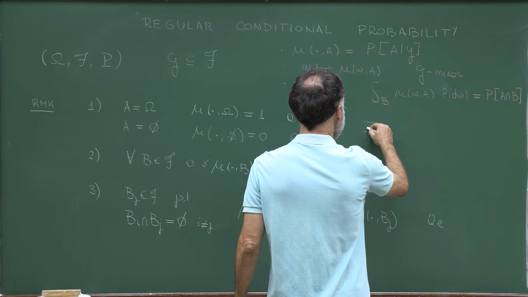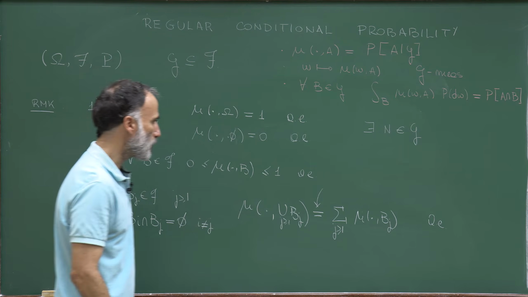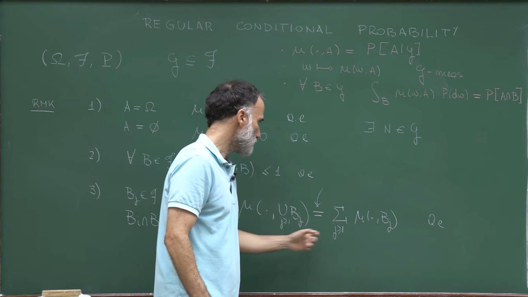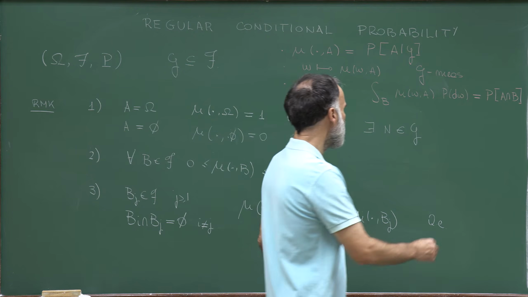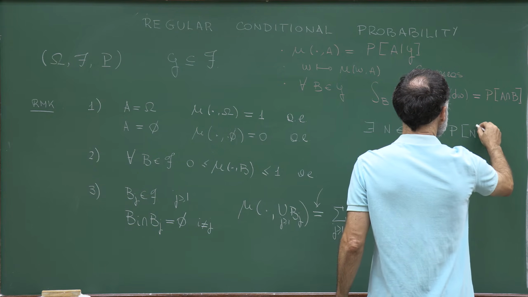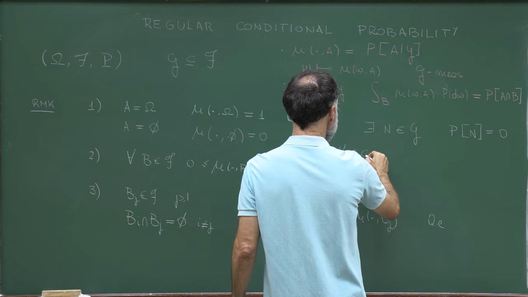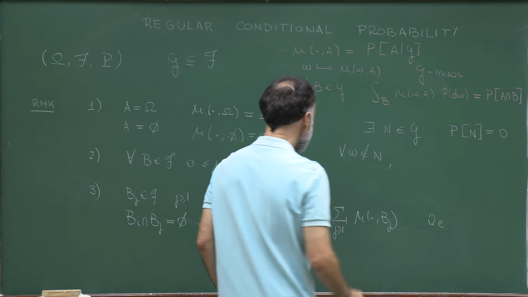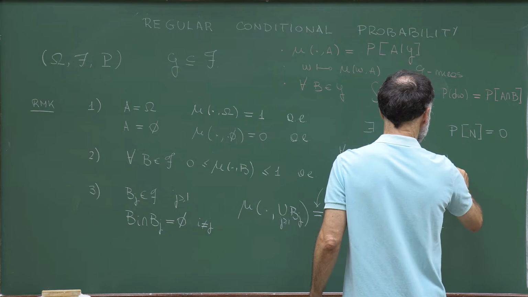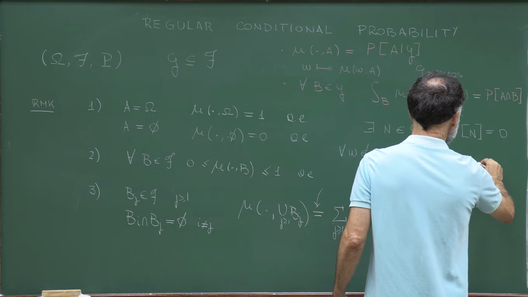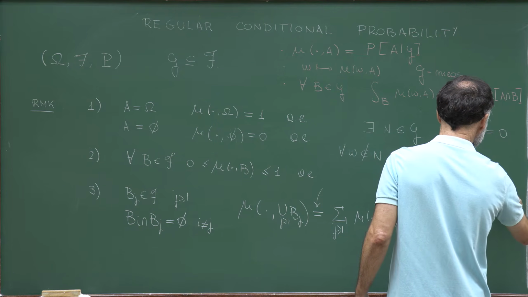This means that there exists a set N which is G measurable, whose measure with respect to P is equal to 0, and for all omega which does not belong to this null set, this identity holds: mu(omega, union of B_j) is equal to the sum of mu(omega, B_j).